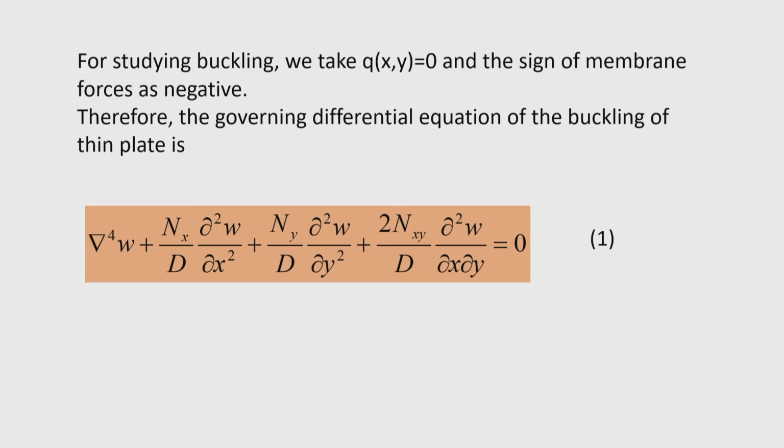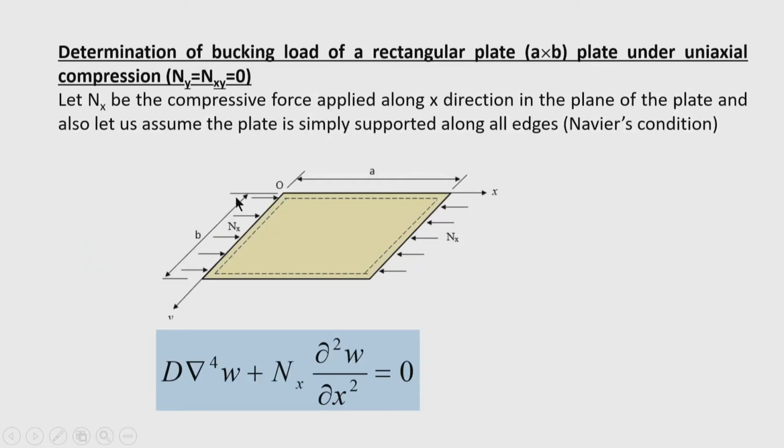Okay. Now, let us see how we can solve it. We have taken a problem case where a rectangular plate of dimension a and b, a is the length of the plate and b is the width of the plate. So, a by b is the aspect ratio, and it is subjected to uniaxial compression.